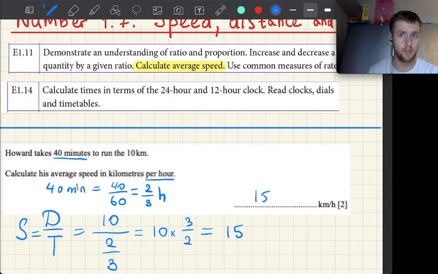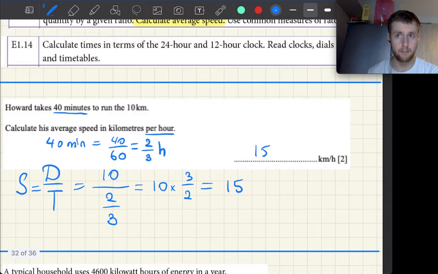You probably noticed, or maybe not, that E1.11 covers speed and also ratios. Why is that? How are they connected? Well, the answer is this question that I just solved can also be solved in a different way. It can be solved by using ratios. We could say that it takes 40 minutes to run 10 kilometers. How many kilometers would we run in 60 minutes, which is 1 hour?